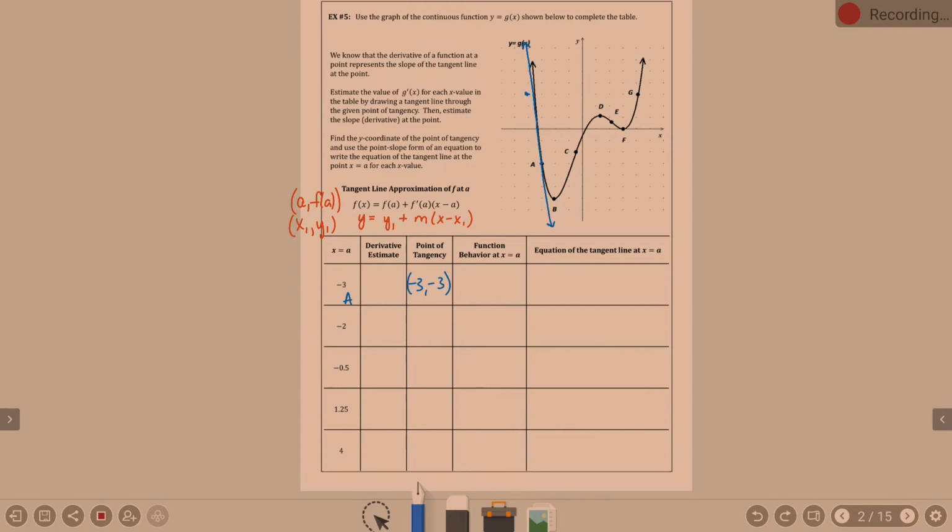My answer key has -6. We're not all going to be the same. These are hard lines to draw. Not the line, because I would have had to go through that point there to make that happen. I did say my line was a little too steep.